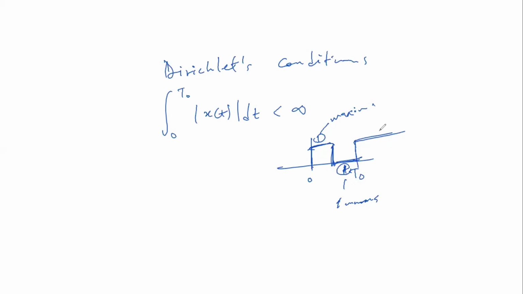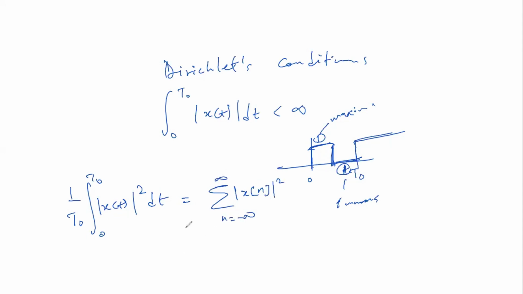So the energy content remains the same. That is, the energy of the continuous time signal over 1 time period is the same as the energy of the signal in the discrete form, okay? Say when n takes values from negative infinity to positive infinity. And this is what we call Parseval's theorem.